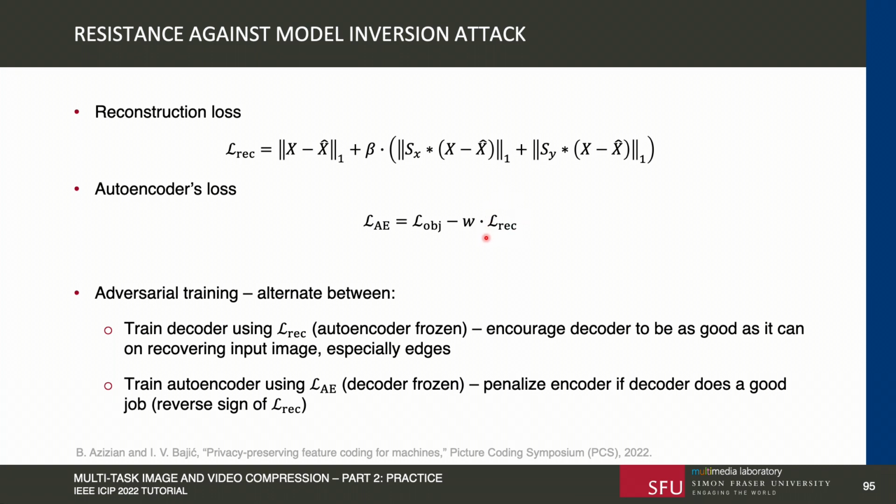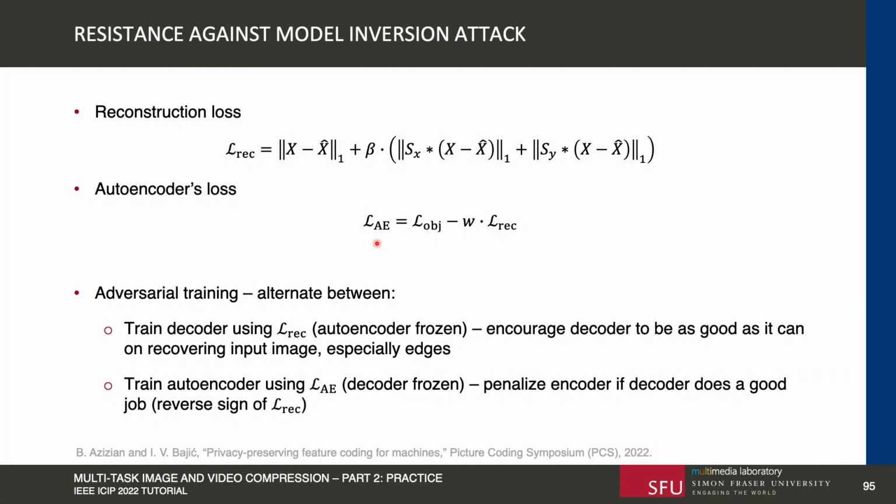So here we see that essentially the decoder should be trained with a positive version of the reconstruction loss because it's trying to do the best it can to reconstruct the image, whereas the autoencoder should be trained with the loss term that's a negative of the reconstruction loss because the autoencoder is trying to remove that ability to reconstruct the input from the features.